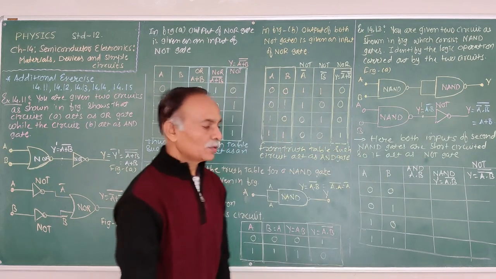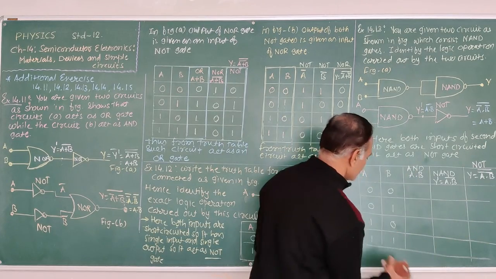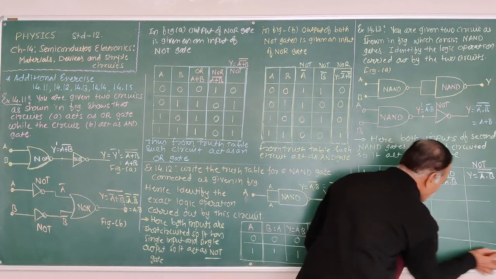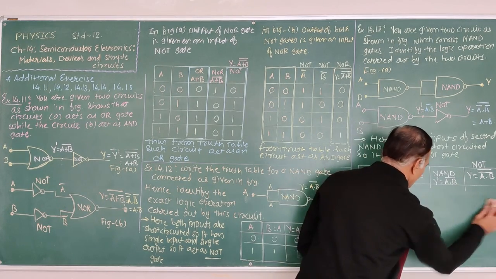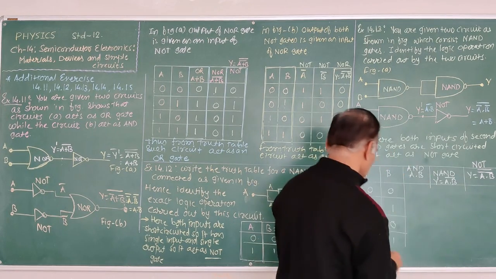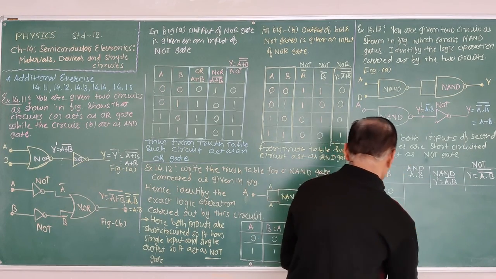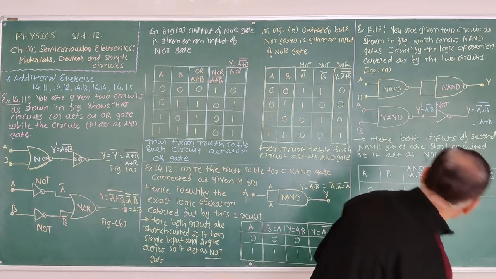Now for the AND gate, what is the characteristic of the AND gate? If both inputs are 1, the output is 1, otherwise it is 0.